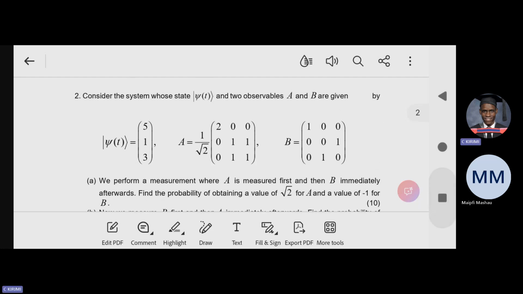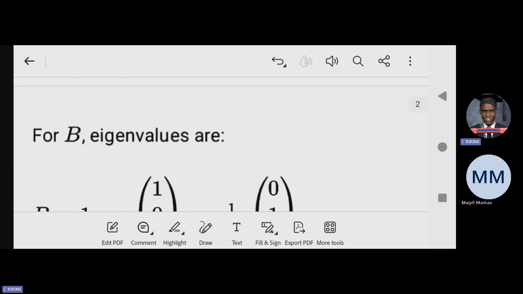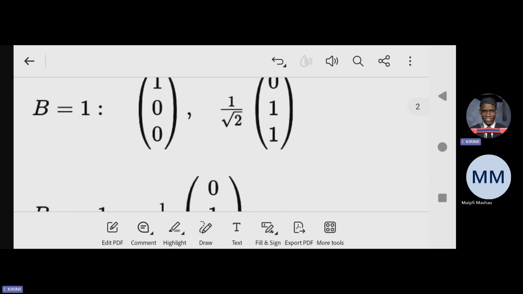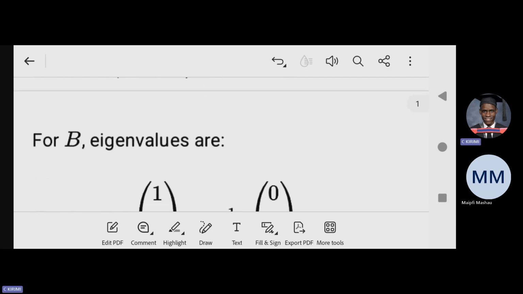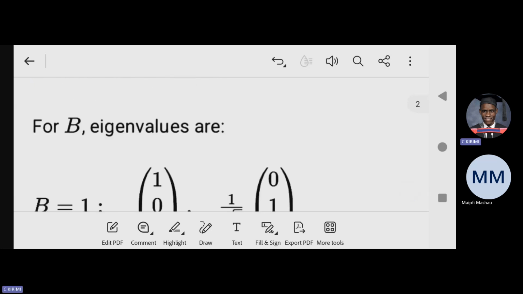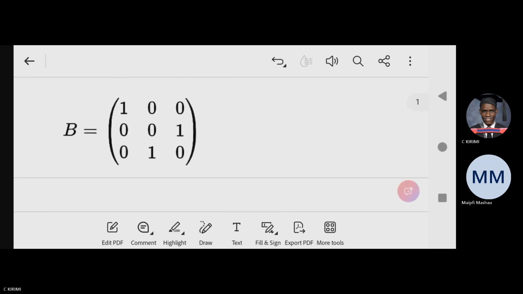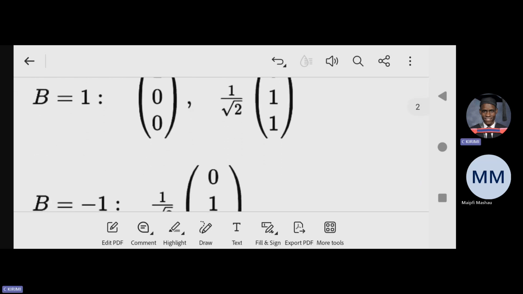Then what we are finding for B are the eigenvalues of B. So first we have 1, 0, 0, and we also have 0, 0, 1, 1, 0, 1, 1. And remember this one is being multiplied by 1 over root of 2.